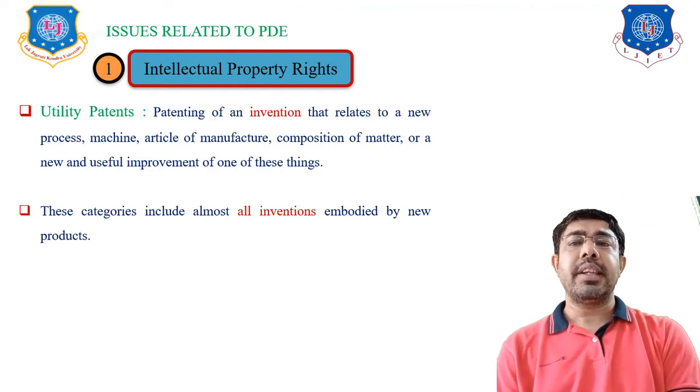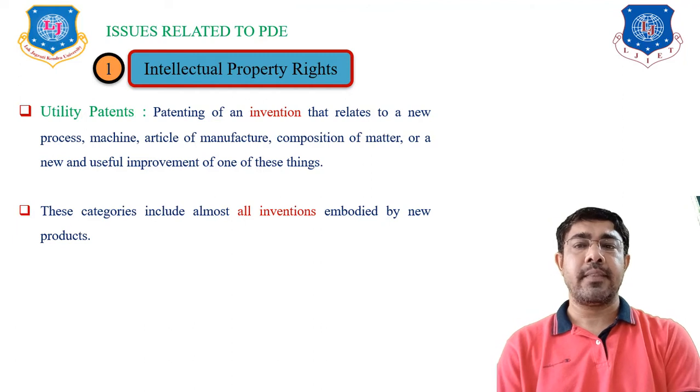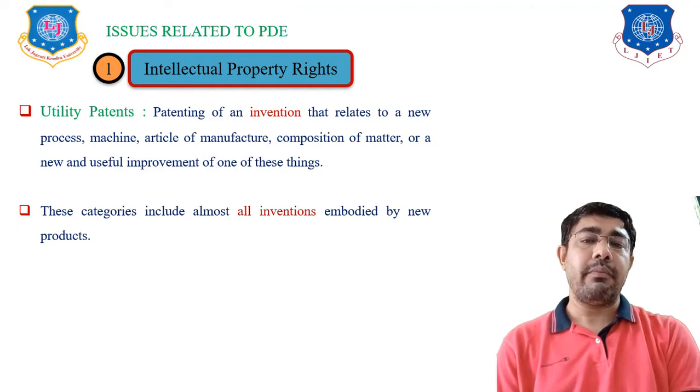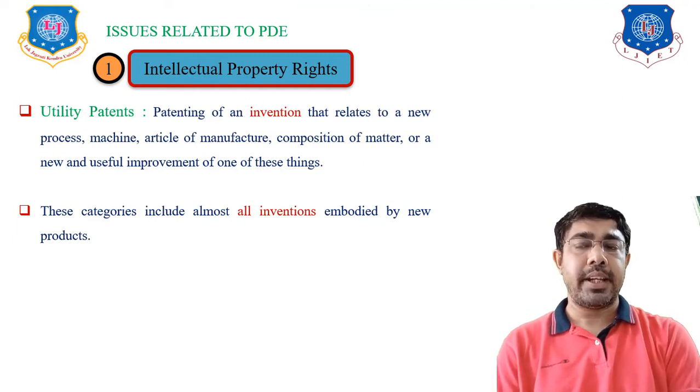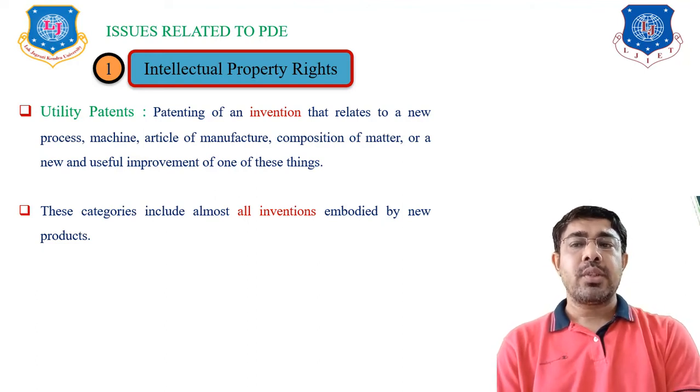Whatever inventions are made in new processes, machines, articles of manufacture, or compositions of matter are patented, and that is nothing but the utility patent. These categories include almost all inventions embodied by a new product.